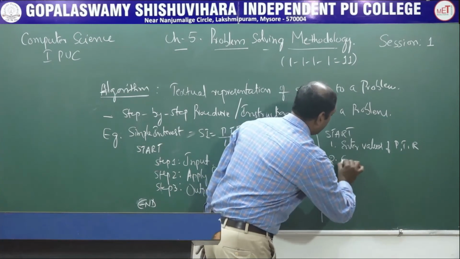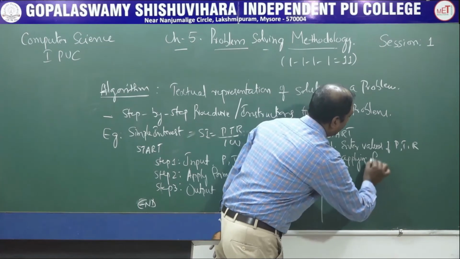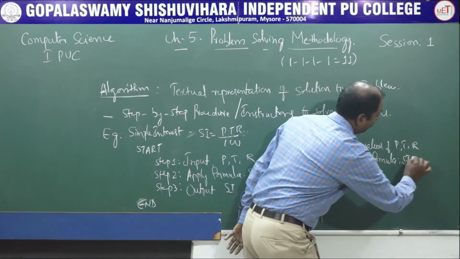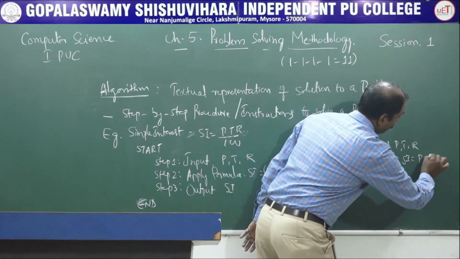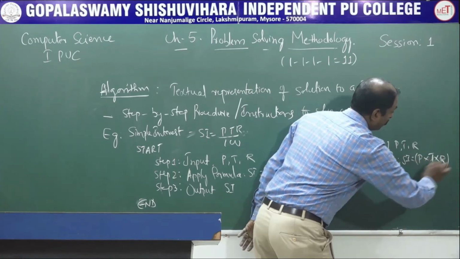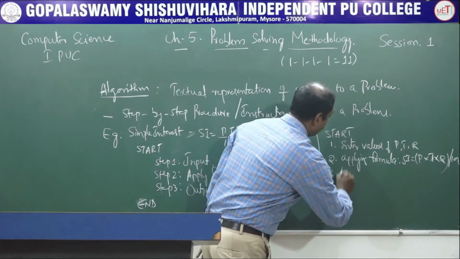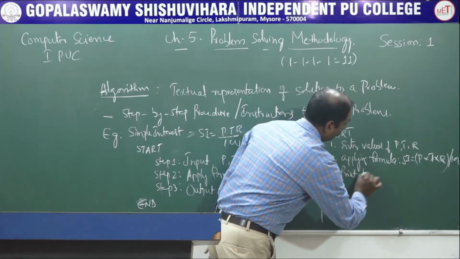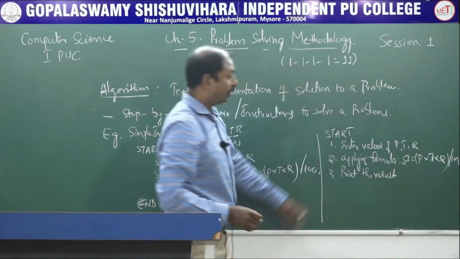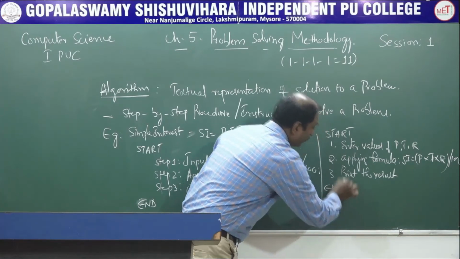Step 2 is applying formula, that is SI is equal to P into T into R, whole thing divided by 100. Step 3 is print the result, and this algorithm has to end at a particular stage.